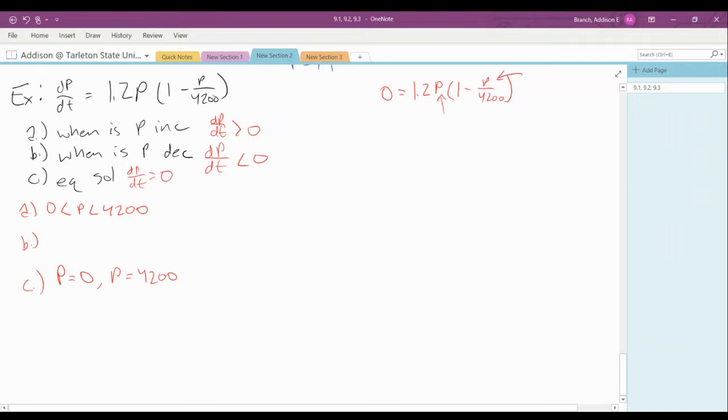Or you can just think back to our definitions of the logistic model. And we also know that we have to be decreasing if we are below 0. But I'm going to put that in parentheses because hypothetically you can't really have a negative population. But you for sure have to decrease if you are above 4200.